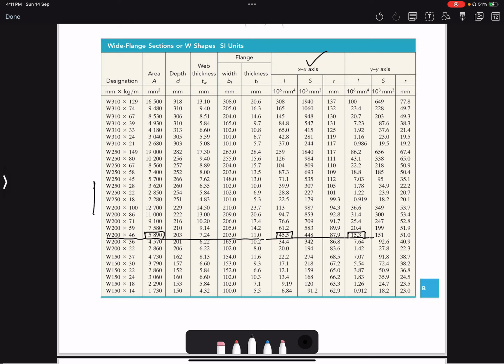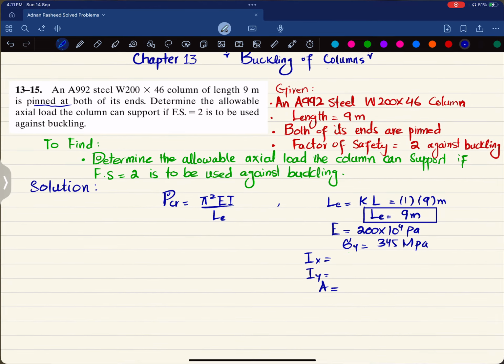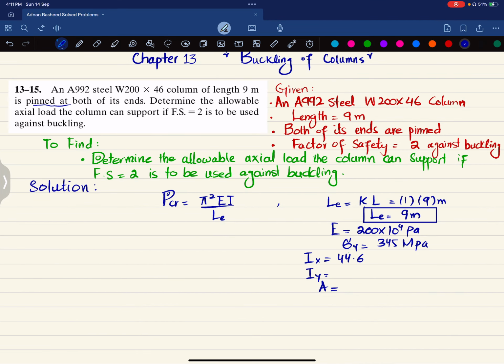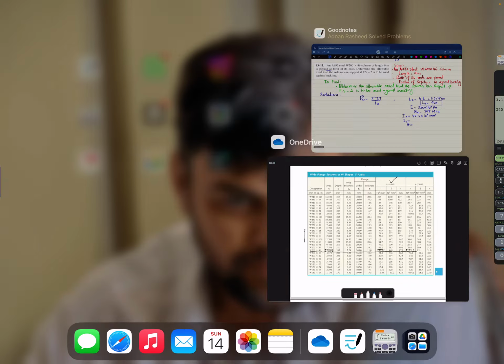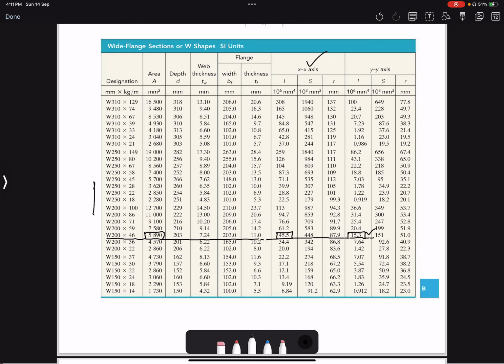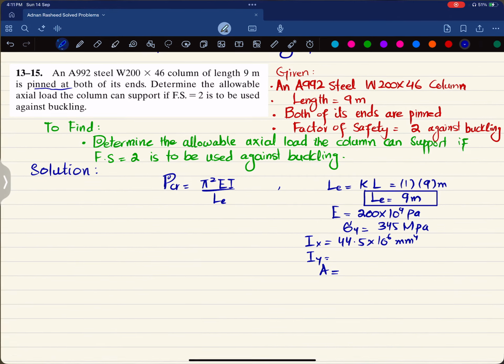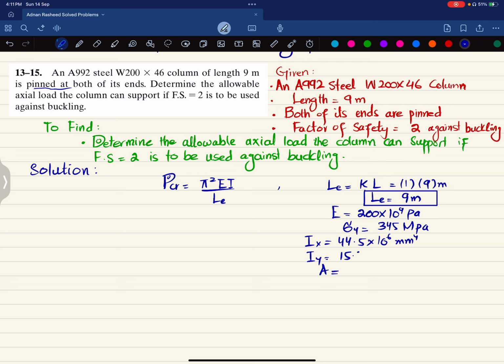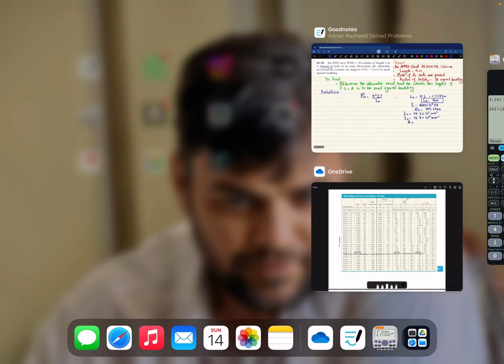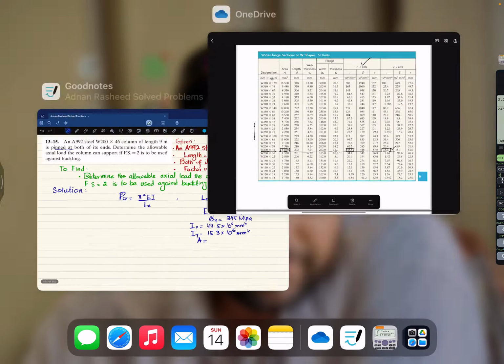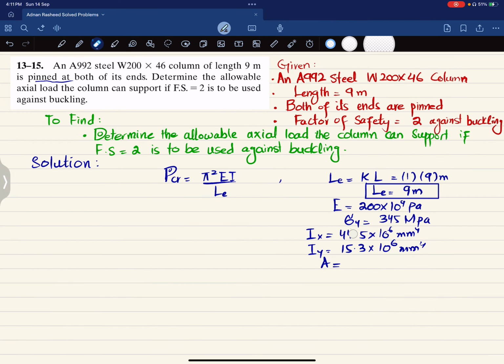Ix is 45.5 into 10 to the power 6 millimeter to the power 4, and Iy is 15.3 into 10 to the power 6 millimeter to the power 4.